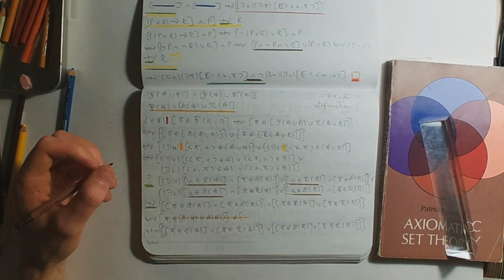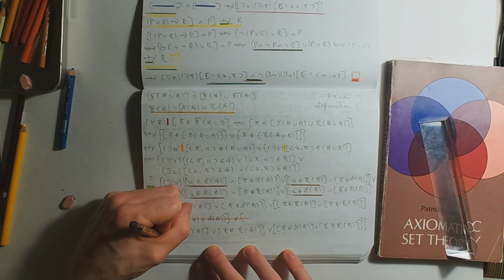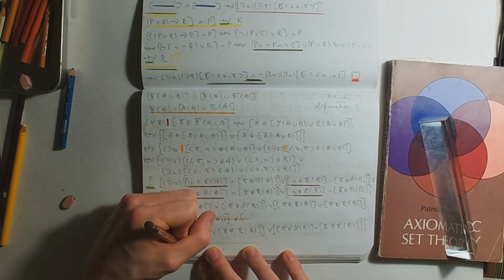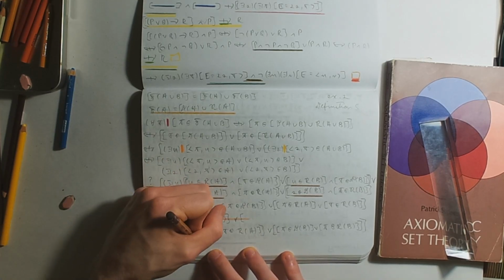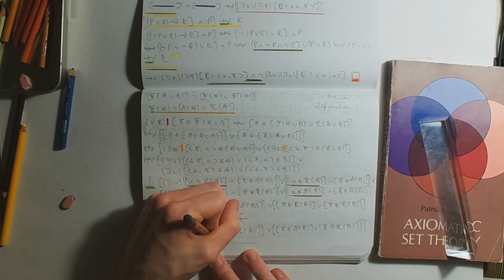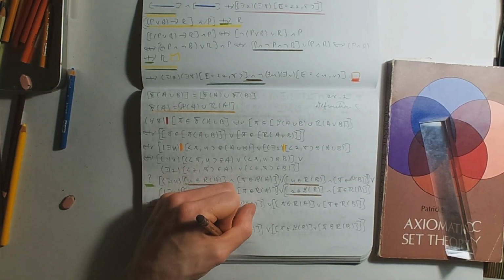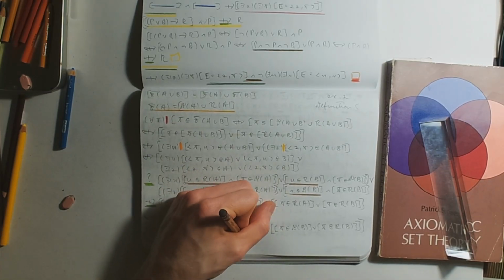If and only if T is an element of the field of A, or T is an element of the field of B.